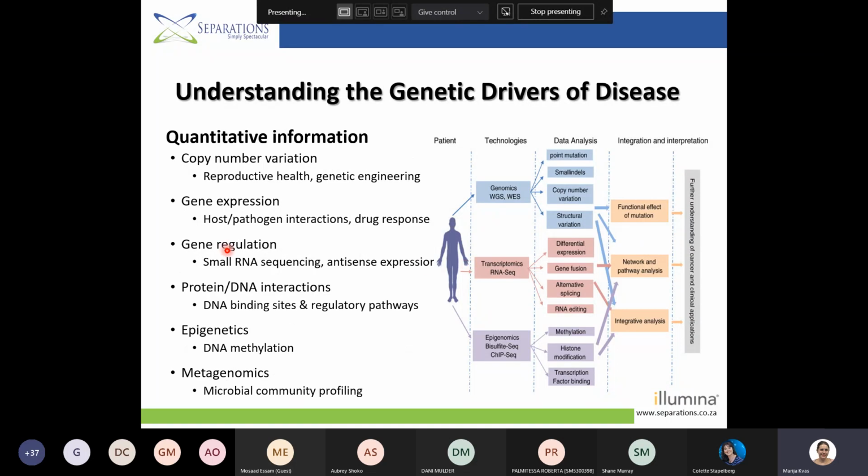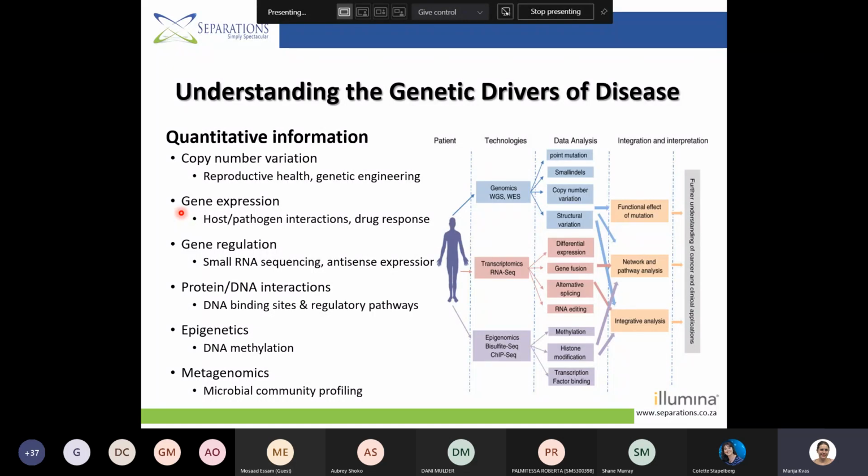And it allows us to look not only at what is happening in the host, but also at host and pathogen interaction, and also to see, for example, how a certain treatment is affecting the host in terms of drug response.